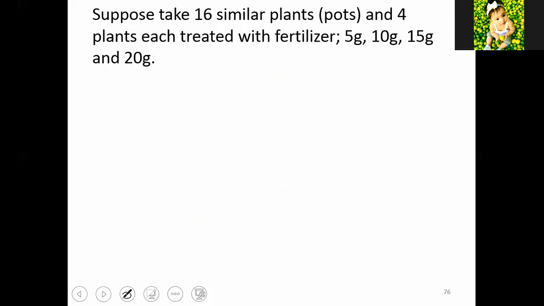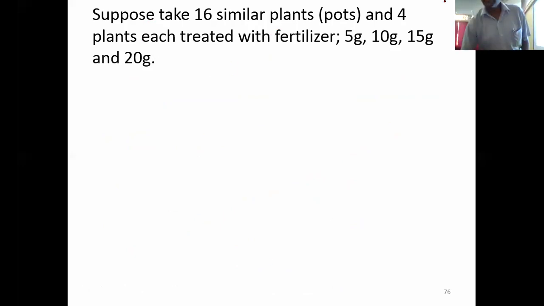For that, we want to understand a principle. Let's take similar pot plants, 16 of them.